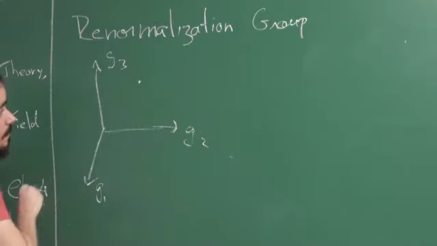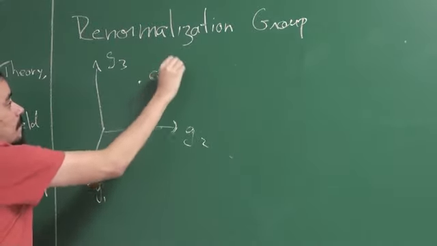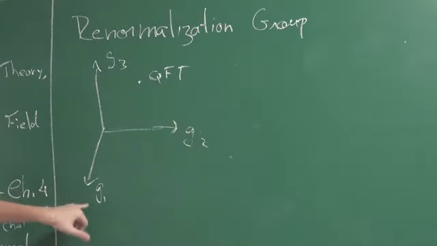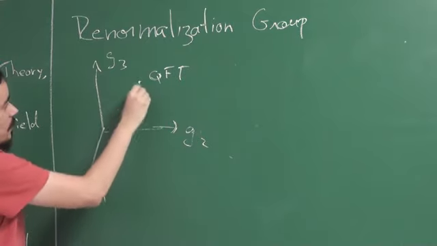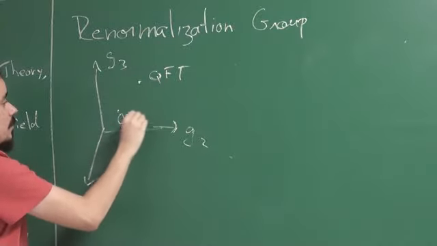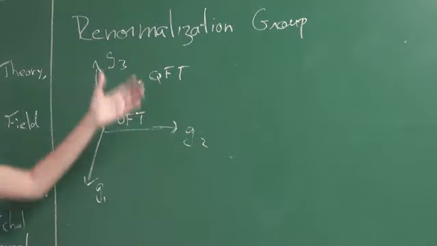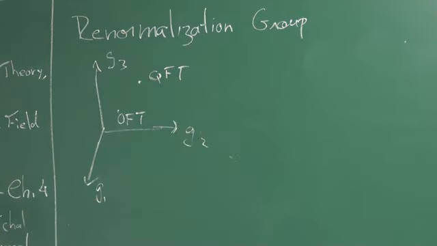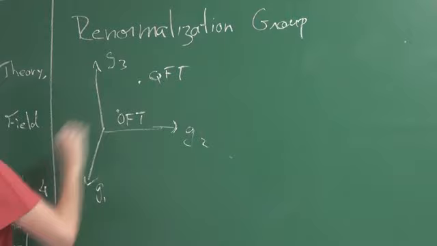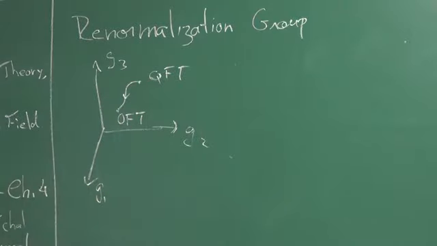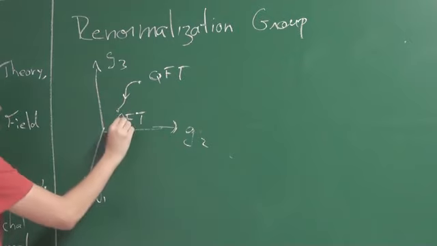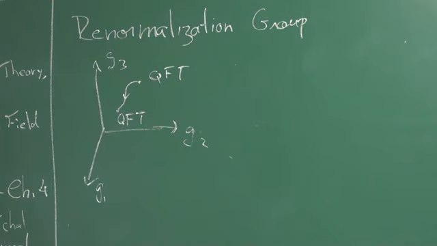Each point in this space is a quantum field theory, characterized by some given values of all its coupling constants. The renormalization group tells you how to relate different quantum field theories in this theory space, or Lagrangian space, whatever you want to call it. You have what we call a flow between these quantum field theories by doing a renormalization group transformation.